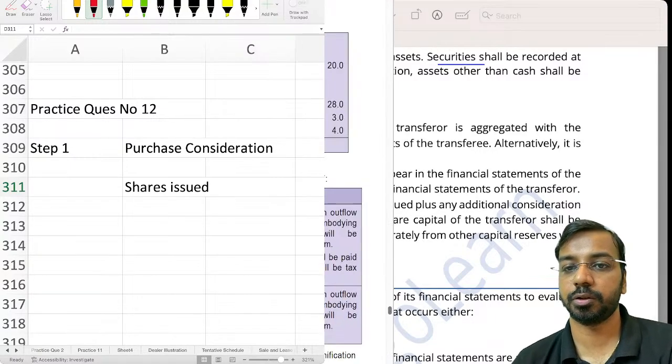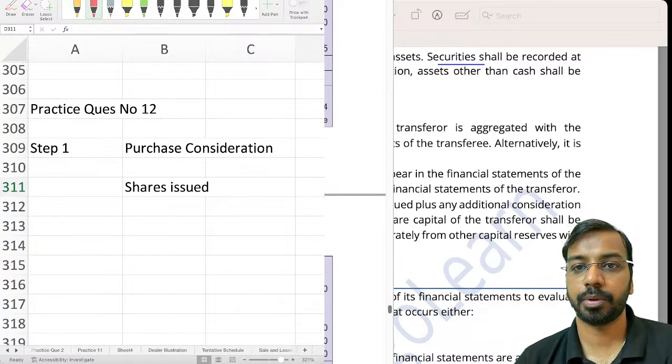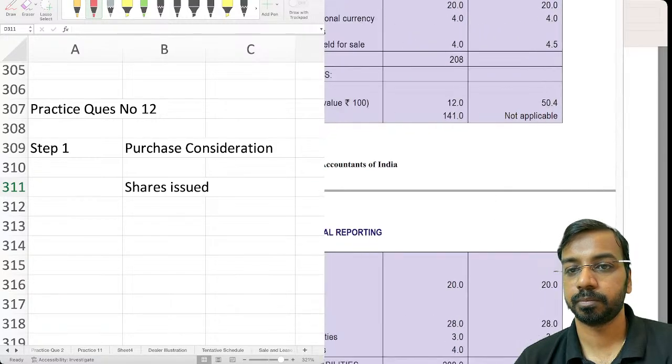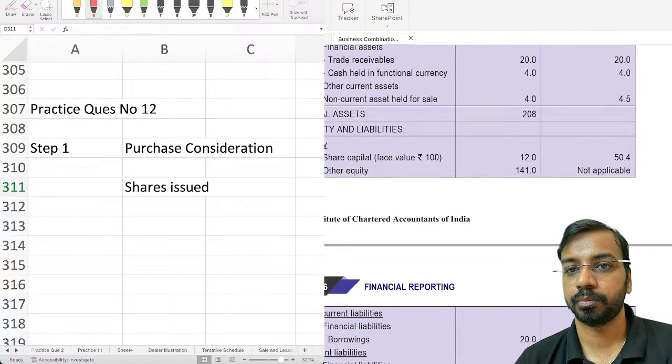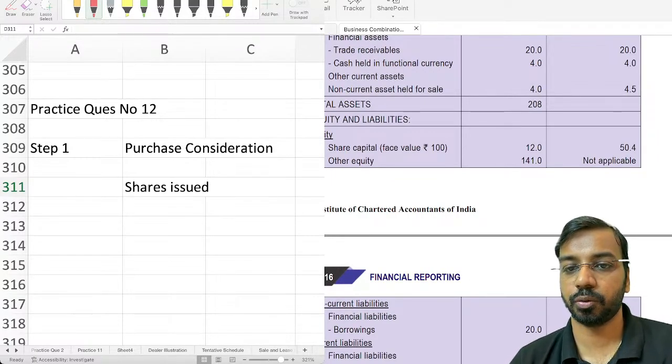Yeah, I think this is better. I can show both the screens. So this I can easily show you the question.